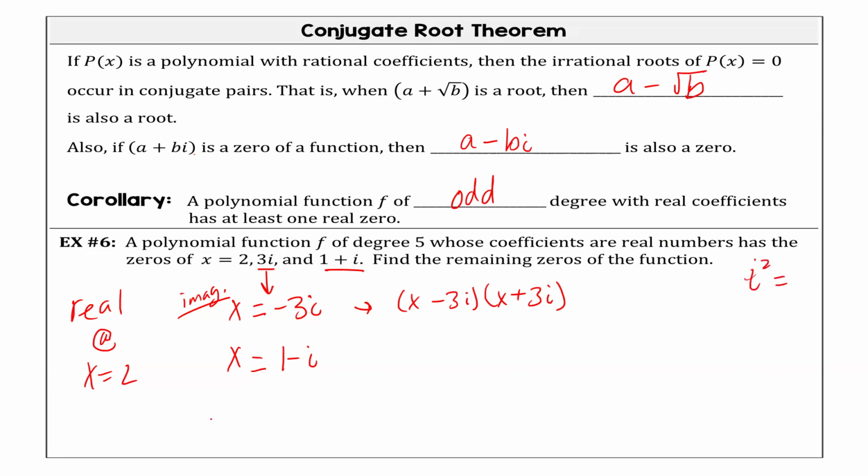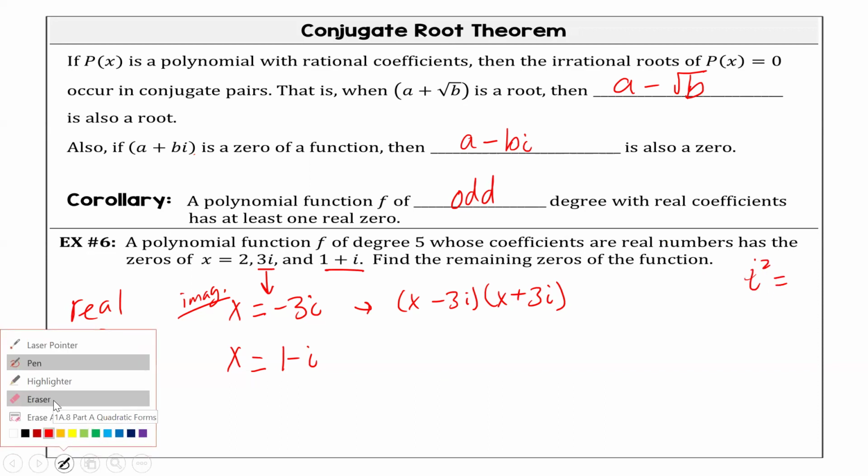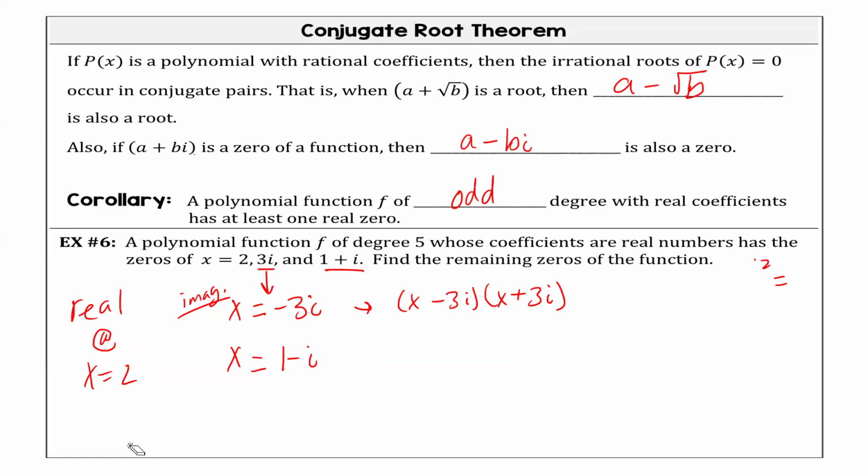Anyone remember what i squared equals? Not 1. It equals negative 1. And if I don't have anything to absorb that negative 1, meaning something to multiply that i squared with, then my function would have i's all in it. So that's why you have to have its opposite, so you can have a perfect square factor.